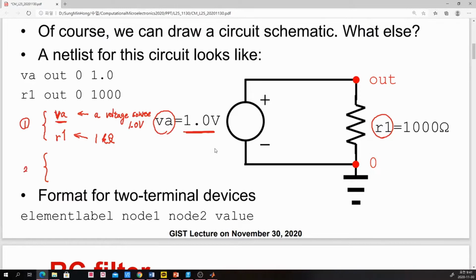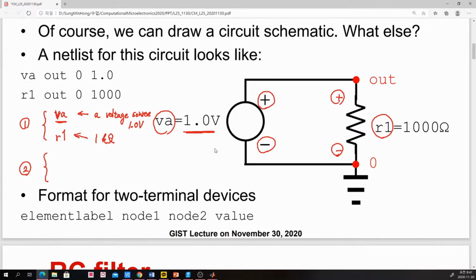And what is the next task we have to do? The next task is their connectivity. For example, here we have a positive terminal and negative terminal for our voltage source. And here we have also a positive terminal and negative terminal for our resistor.